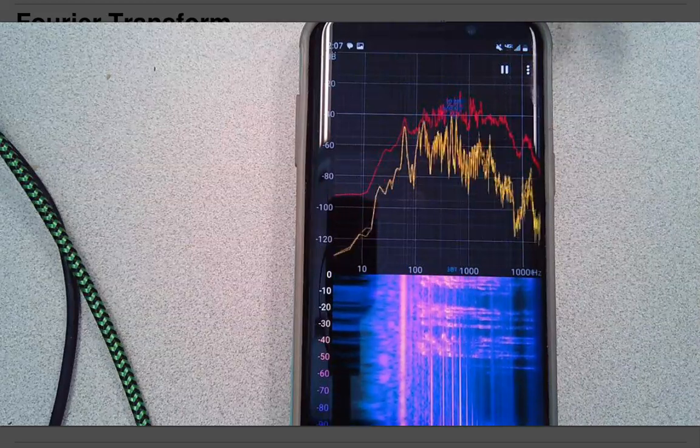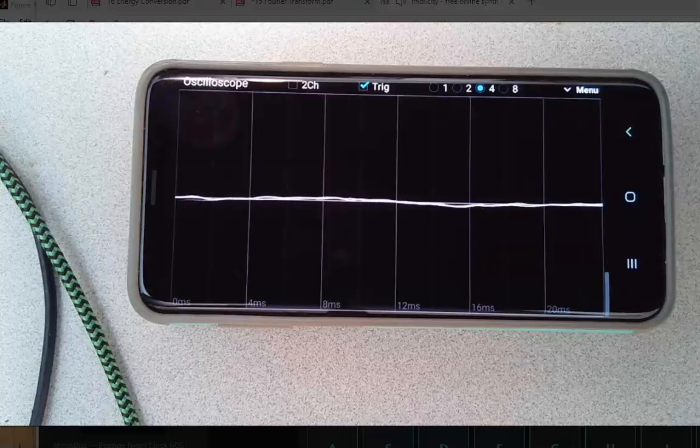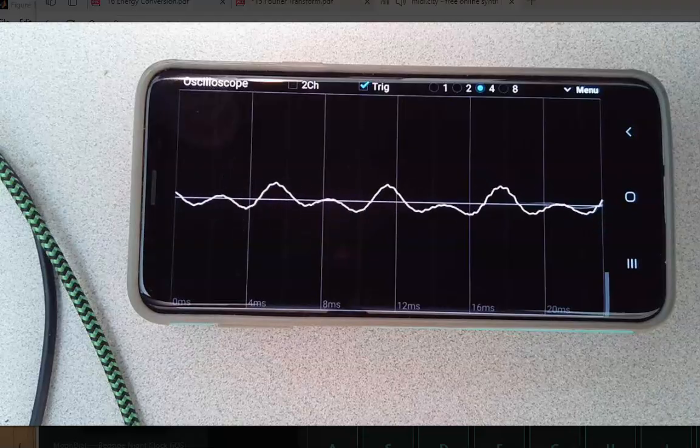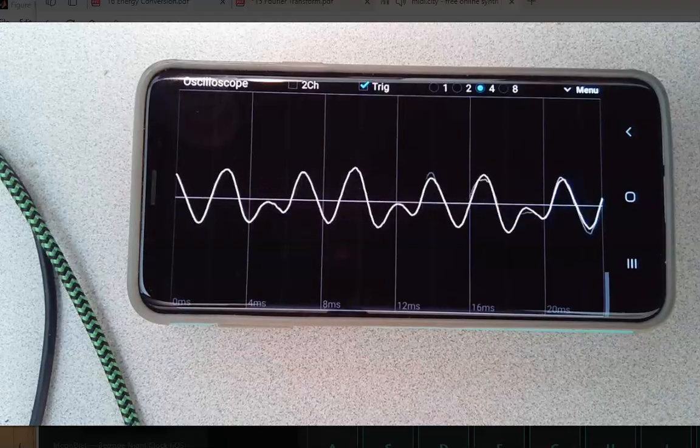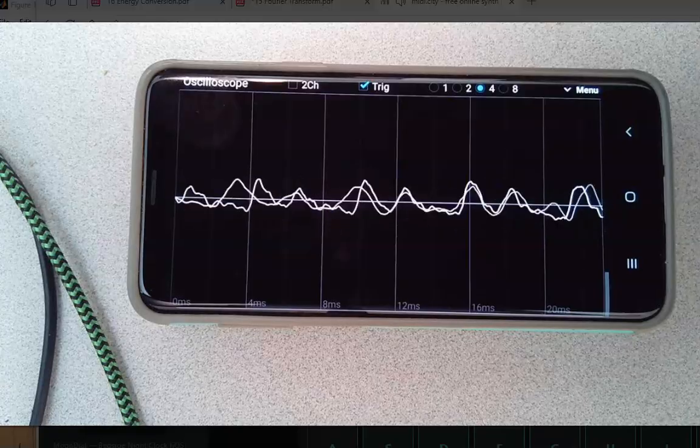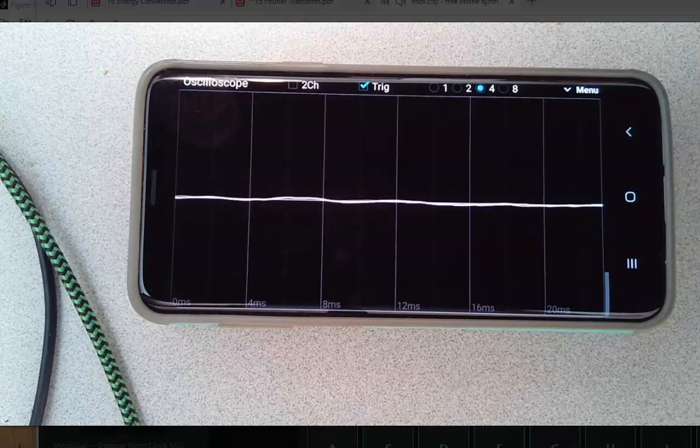And the waveform again, going back to the oscilloscope app, these are the vowels. E, O, oo. Those aren't sine waves, meaning they have harmonics. Or the tubular bells.